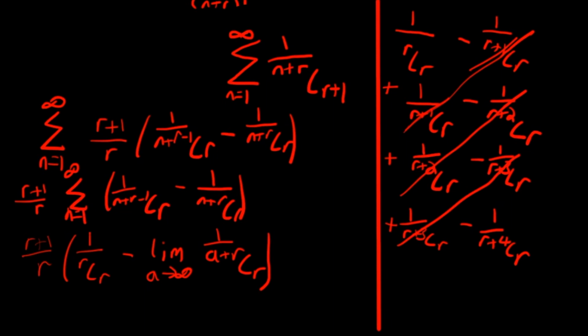And then because 1 over infinity tends to 0 and r choose r is just 1, this fraction will become r plus 1 over r times 1 minus 0, which is just equal to r plus 1 over r.